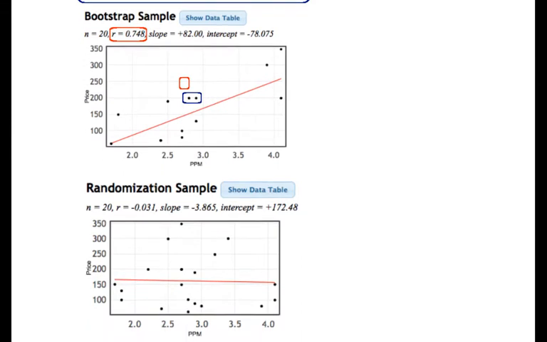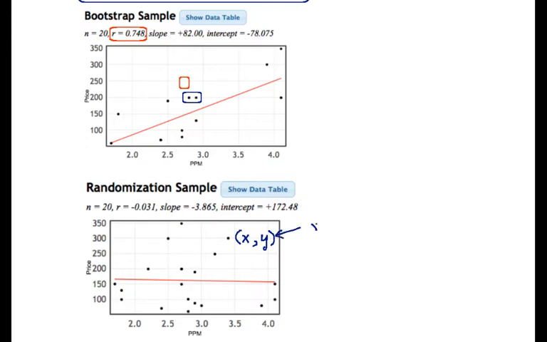What becomes really interesting is comparing the bootstrap sample to a randomization sample. The way this particular randomization sample would be generated is by taking an X from one point in the original sample and a Y from another point. So these X and Y come from different ordered pairs.